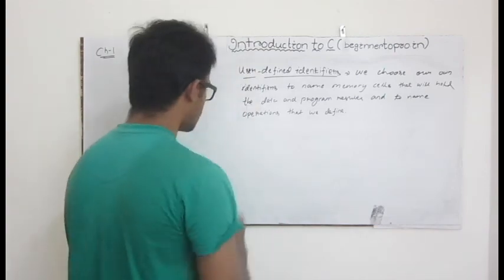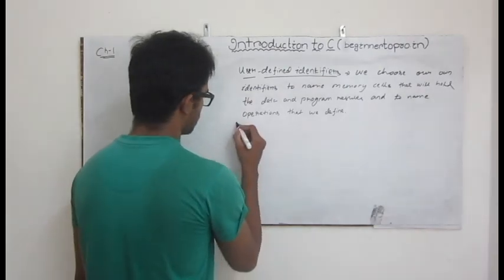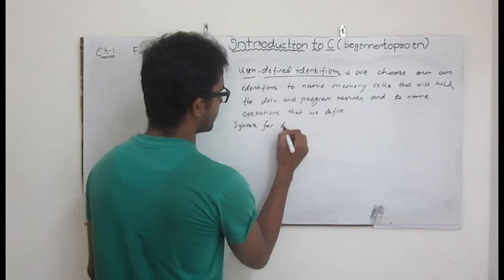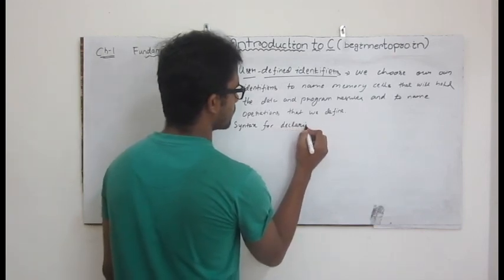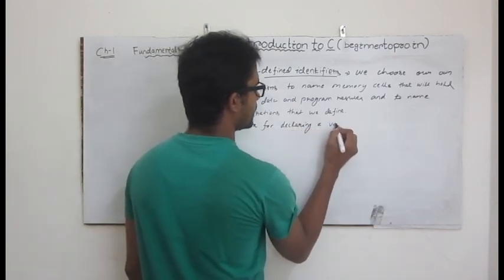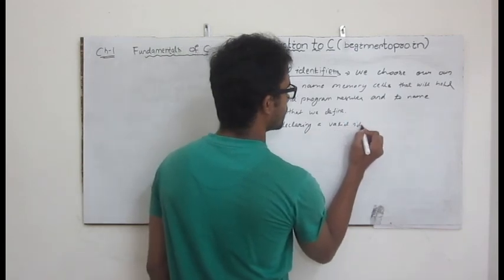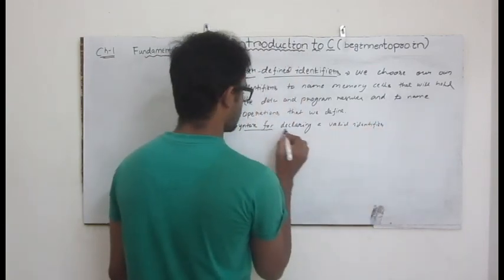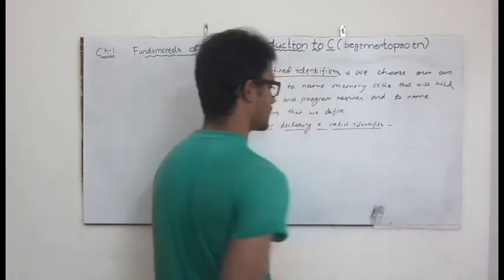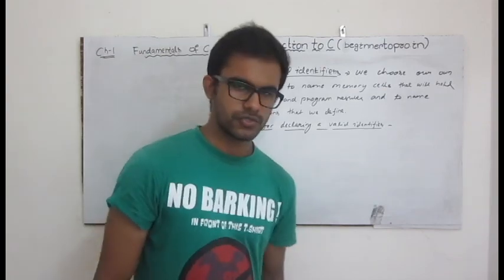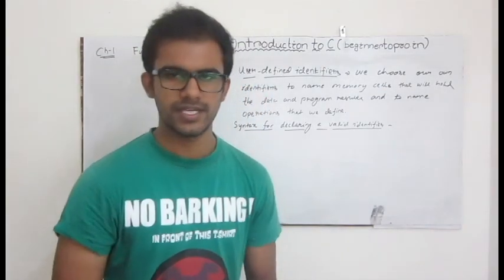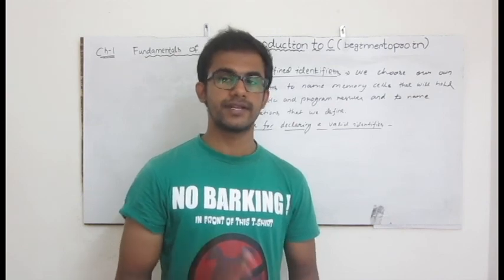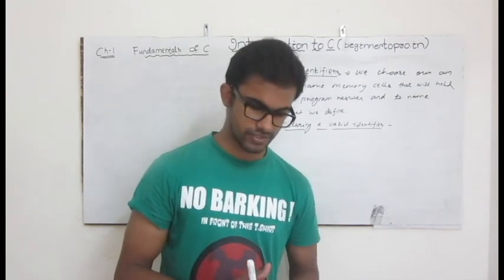So the syntax for declaring a valid identifier. Our first rule is that an identifier must consist only of letters, digits and underscores.